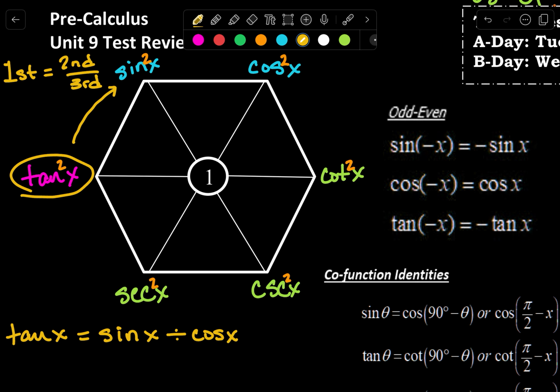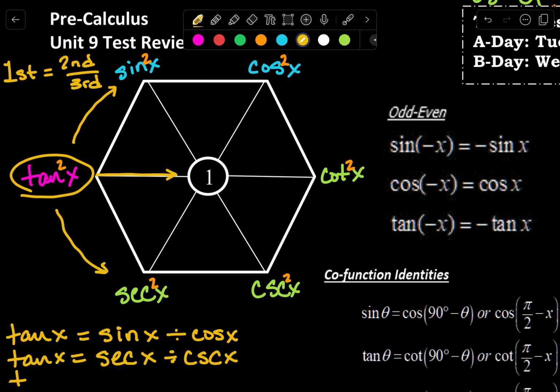I could also go this direction, and I would get that tangent of x equals secant divided by cosecant. And this rule also applies if I go across. I could say that tangent equals 1 divided by cotangent. So that's what I mean when I say first equals second divided by third.